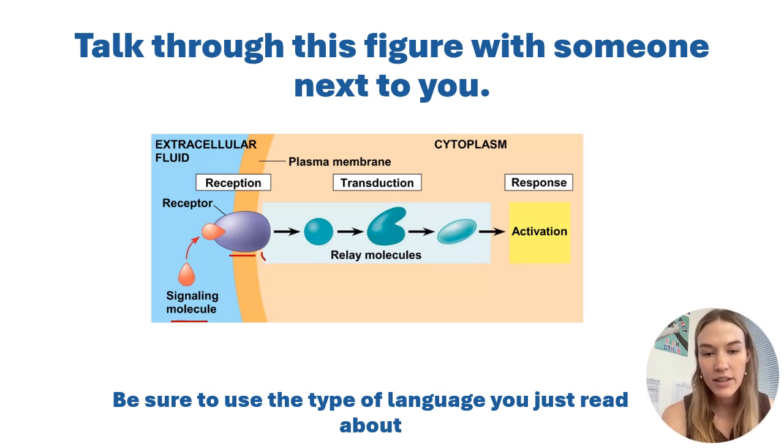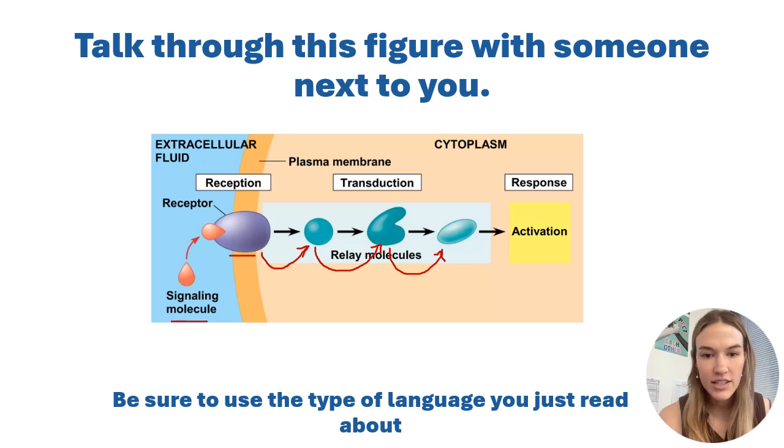So it'll typically act on a first molecule here called a relay molecule. Now, what this is going to be dependent on the pathway, so I don't really expect you to know exactly what this is. You'll have to follow a pathway to figure it out. And then this will act on another molecule, and then this will act on another molecule.